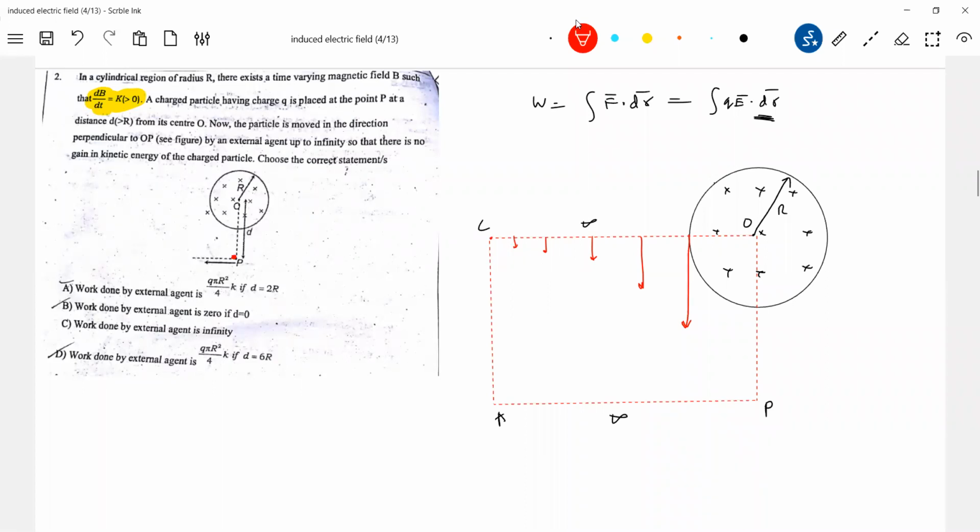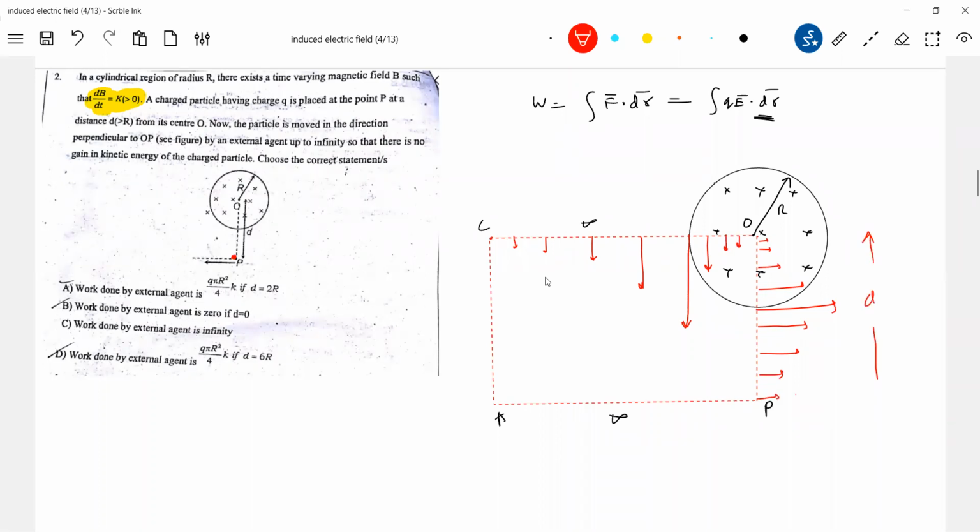Similarly for this E, it will not be zero at point P, because P is at some specific distance given.